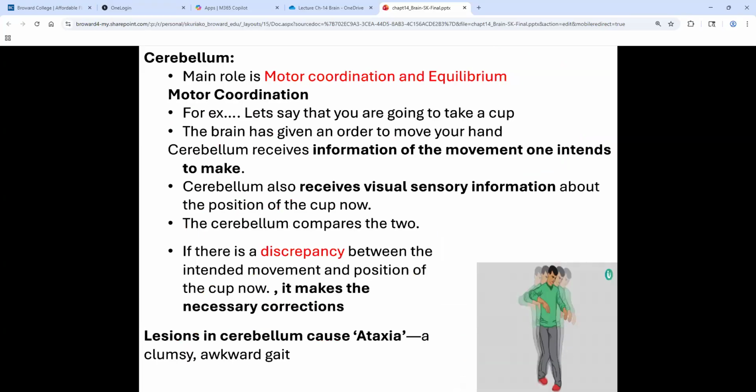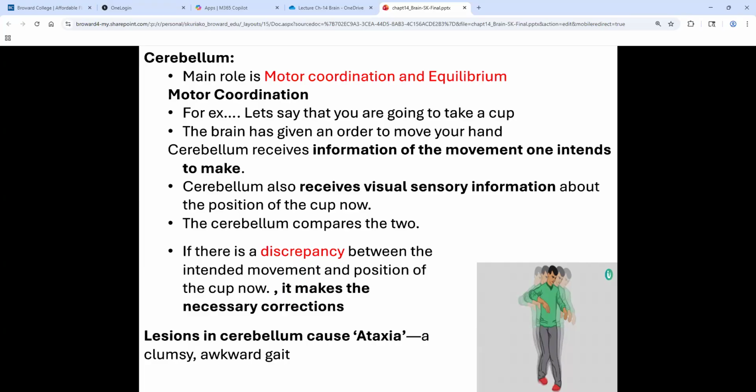The role of the cerebellum. Now, motor coordination. I told you about equilibrium or balance, but I want to talk a little bit about motor coordination. Say, for example, I want to pick up this phone. When I decide to pick the phone, where does the impulse come from?